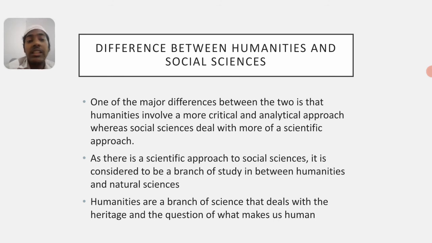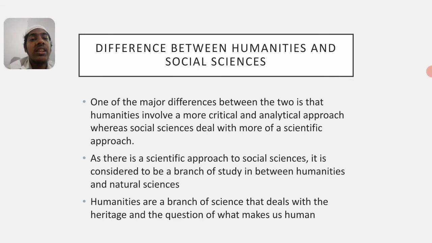Meanwhile, humanities are the branch of knowledge that deals with the heritage and the question of what makes us human. This will include philosophy and mythology, and religion studies will be included in humanities, not social sciences.